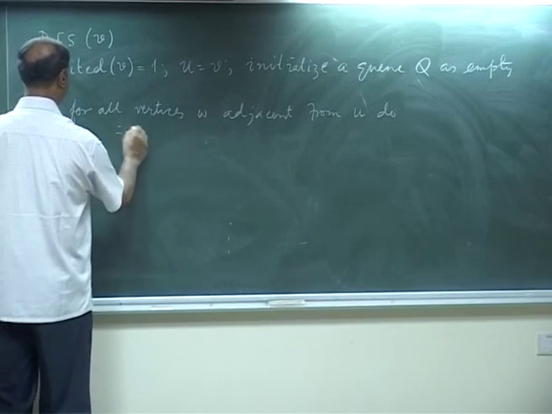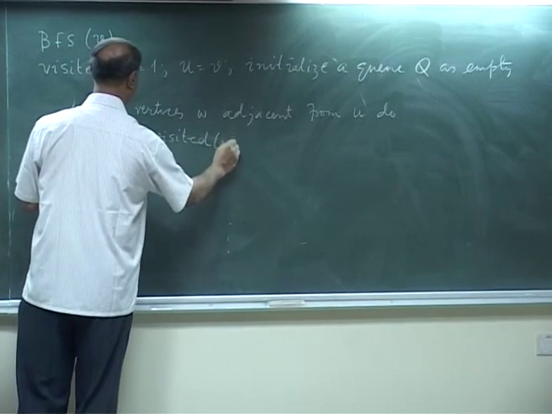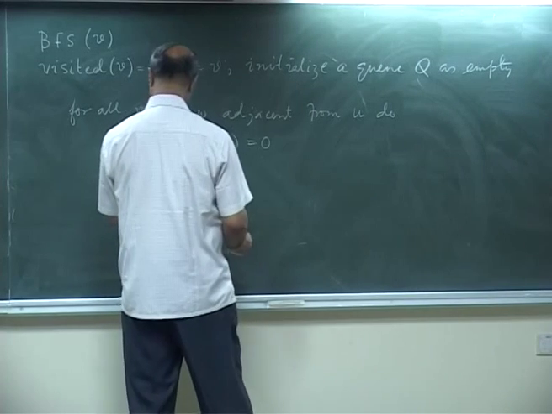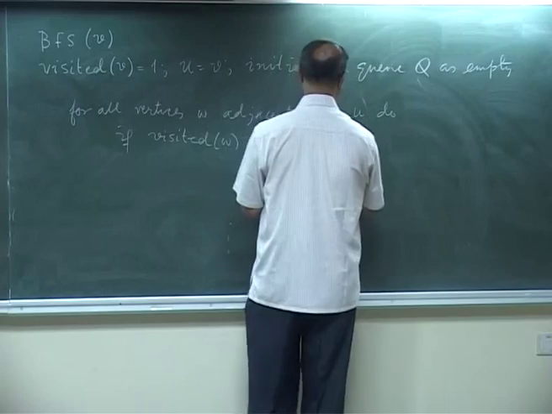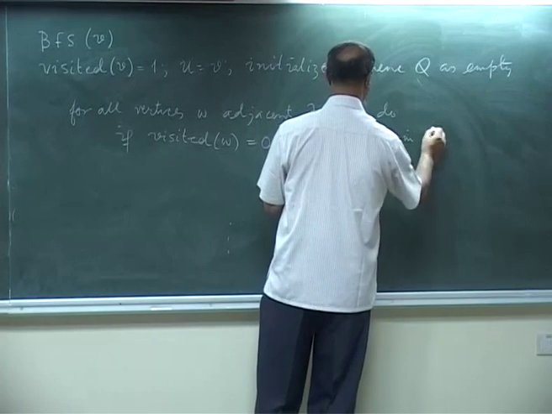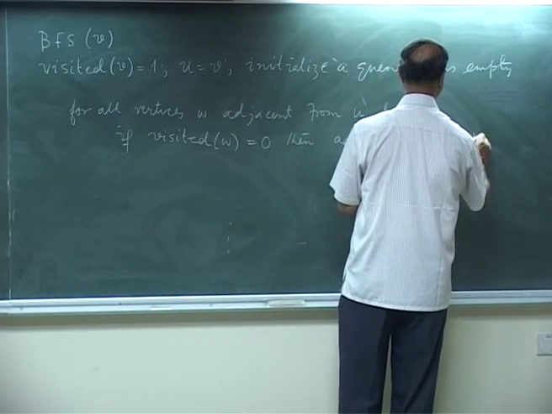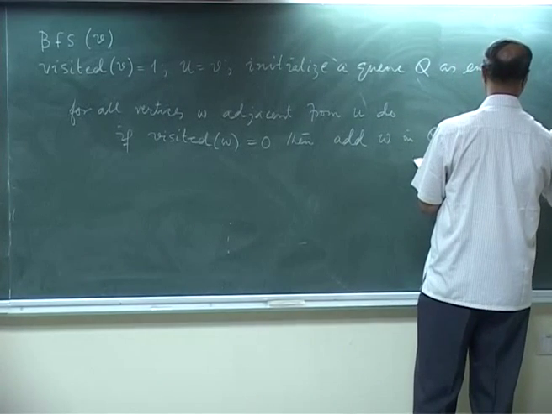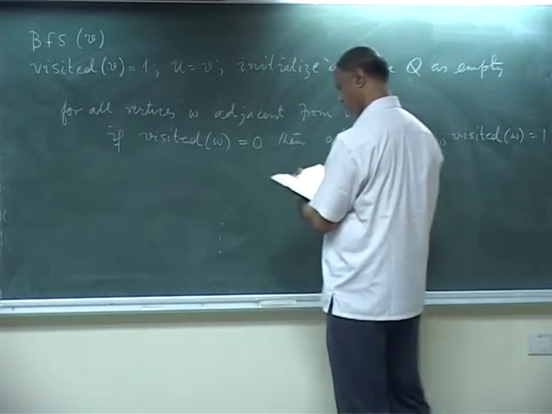If visited W is 0, that means not yet visited, then add W in Q and visited W is set to 1.